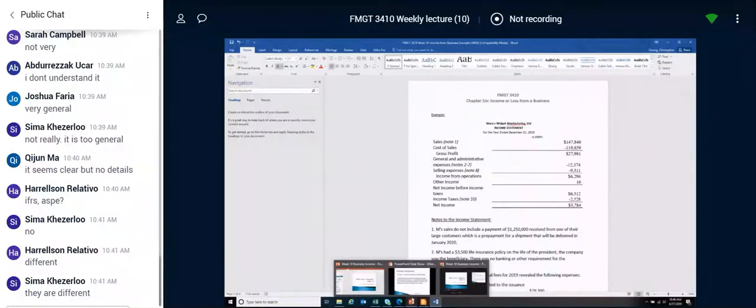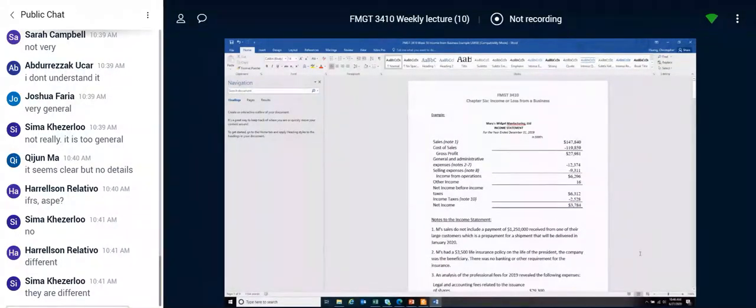First off, the way the Act is structured: you've been taught that GAAP, IFRS, ASPE, all of that is accrual accounting. It's not on cash, it's on accrual basis.